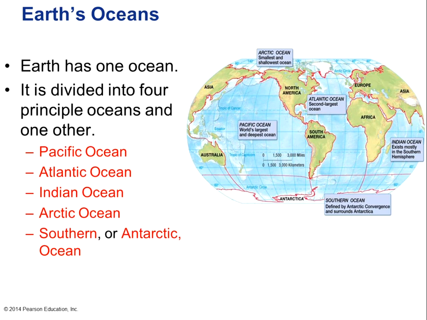So we divide the world ocean into the Pacific Ocean, which occupies more than 50% of the surface area of the oceans. Atlantic Ocean is the next one, Indian Ocean, and then there is the Arctic Ocean at one pole and the Antarctic Ocean at the other pole.